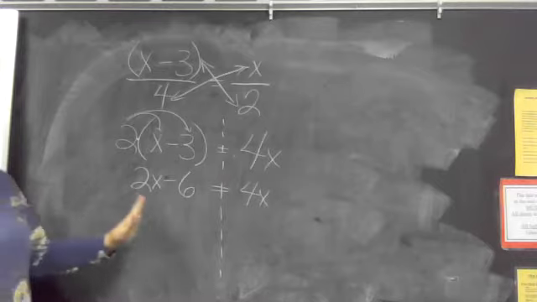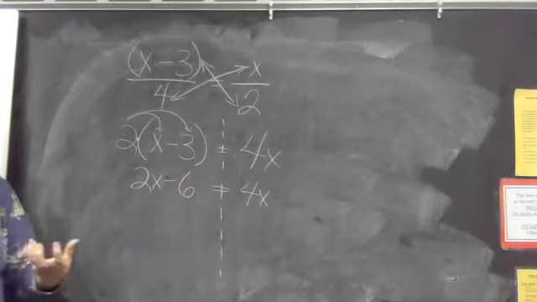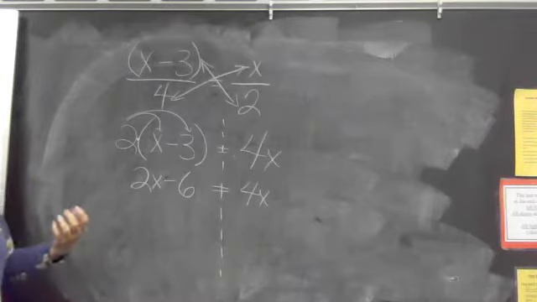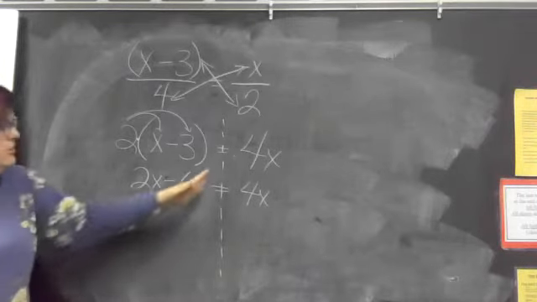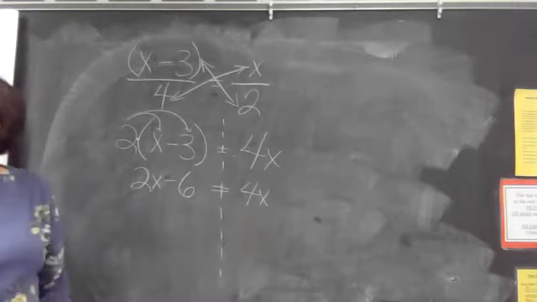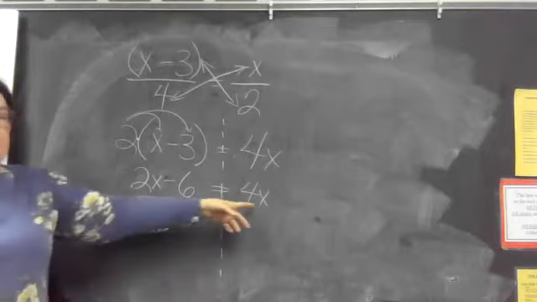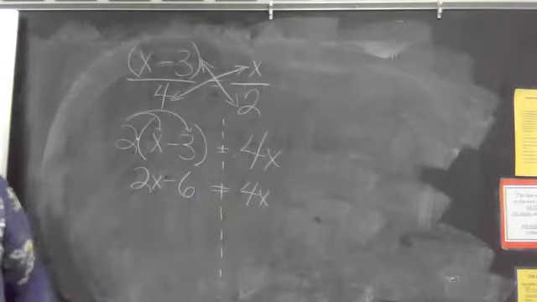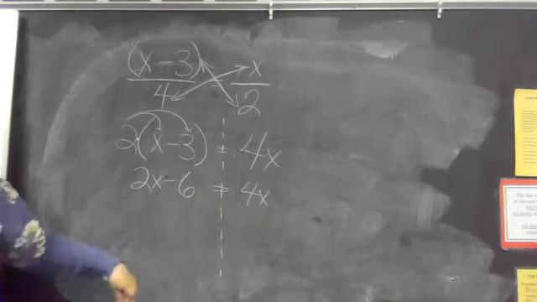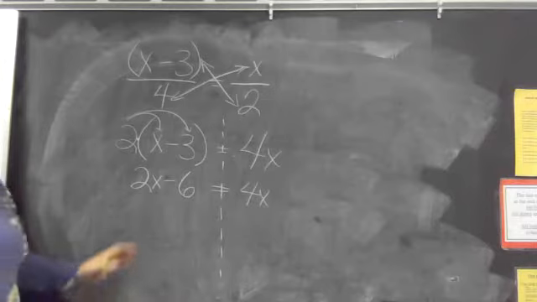I always think in my head, silly stuff, but silly stuff helps me remember things. This looks like a fence line to me, and this is somebody's yard, and this is somebody's yard, and everybody's having parties. Well, the x's got split up and the x's are on too many yards. We need to get all the x's back to their party, or back to their barbecue or whatever they're doing.